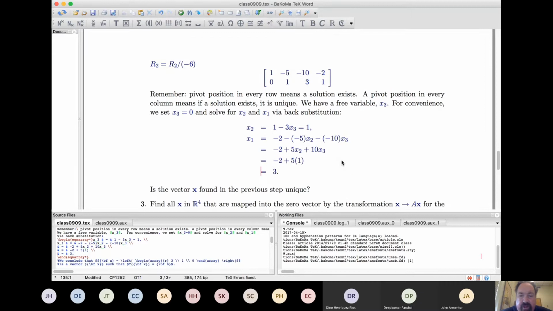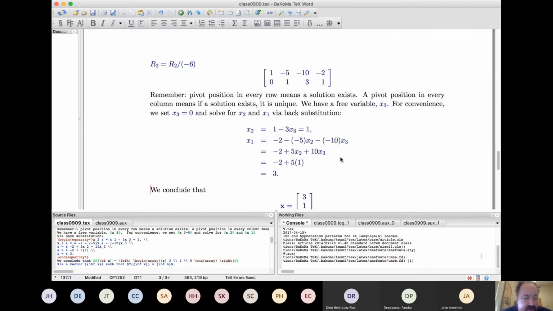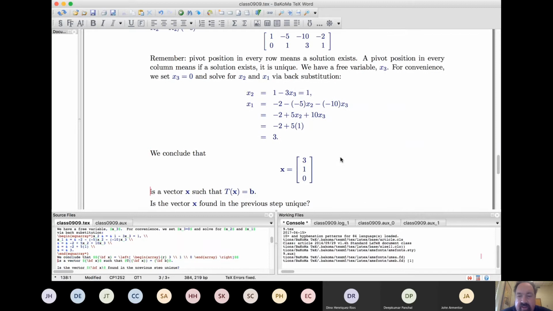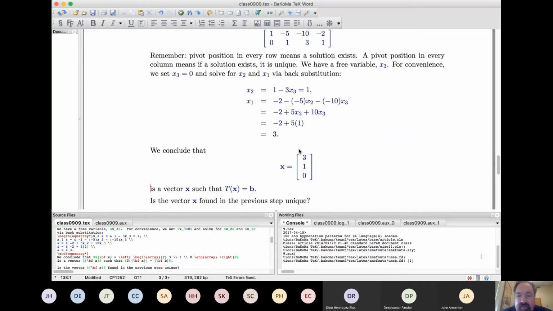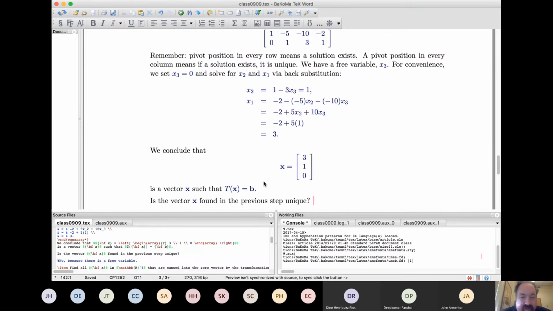So we have 3 as a result. So we do have a solution: 3 and 1 from our basic variables, and then our free variable x3 is 0. So the image under this transformation of x is in fact the b that we were given.